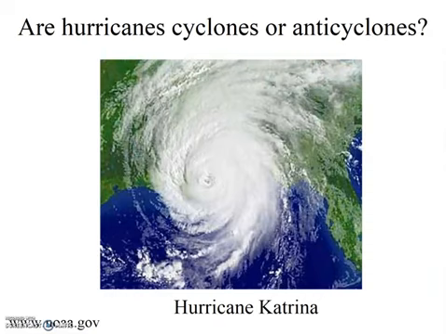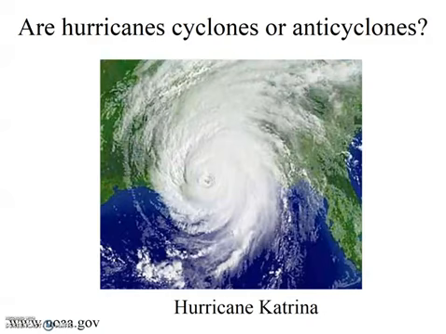All right, let's use what we know about cyclones and anticyclones to determine if hurricanes are cyclones or anticyclones. Check out this remote-sensed image of Hurricane Katrina. Are the surface winds converging or diverging? Are the winds clockwise or counterclockwise?